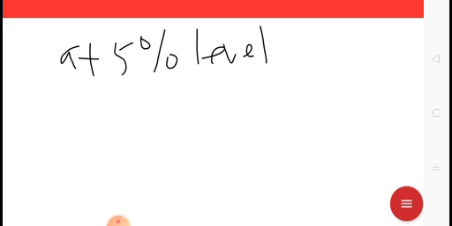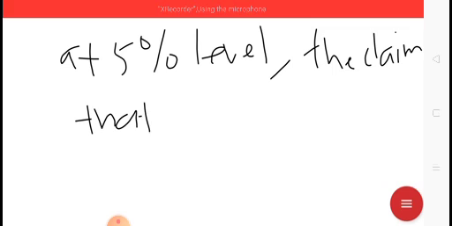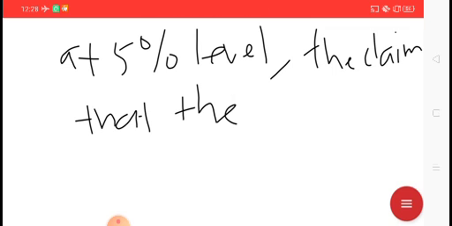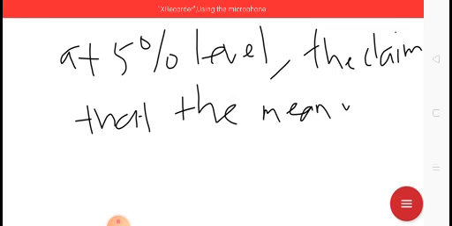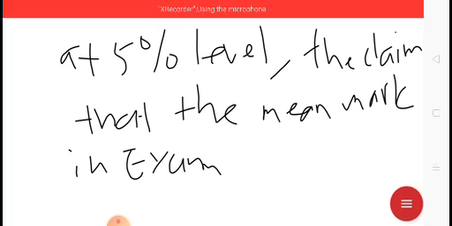Okay, the claims, because the question asks you the claims that the mean mark in examination, just copy the sentence from the last paragraph.